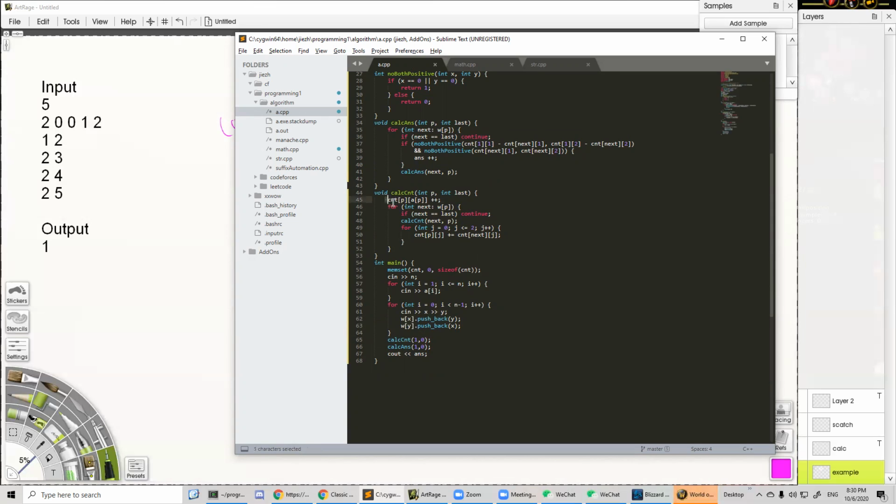So here is where we count the subtrees' node colors. First, we are going to increase the counter by one, depending on the color of the current node. And then we are going to travel to its children.